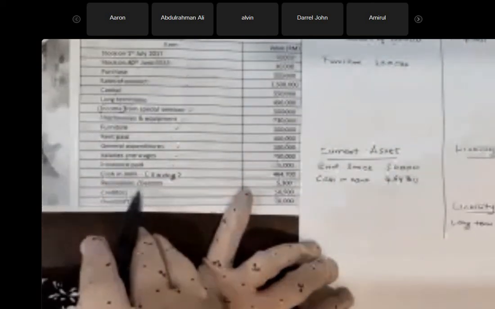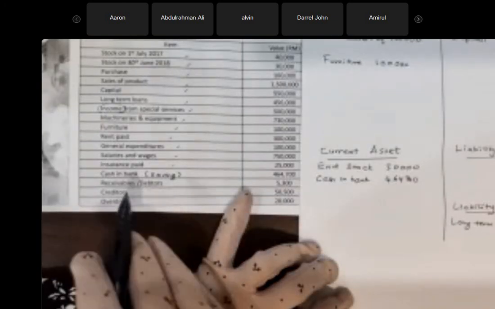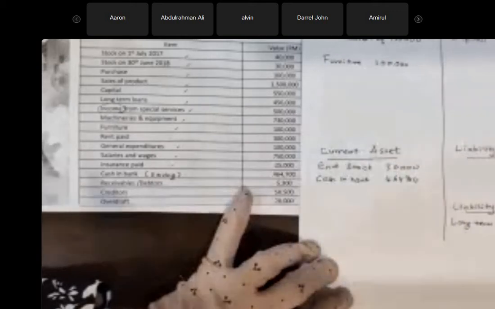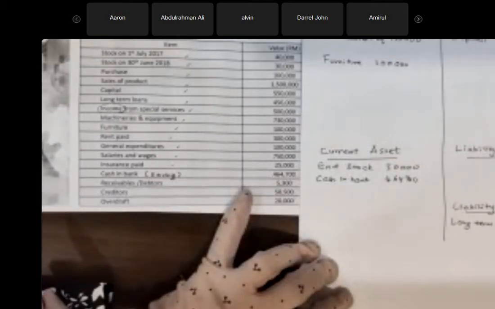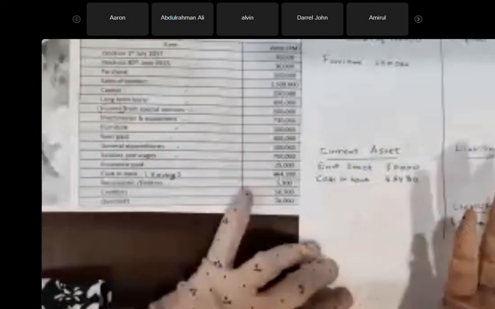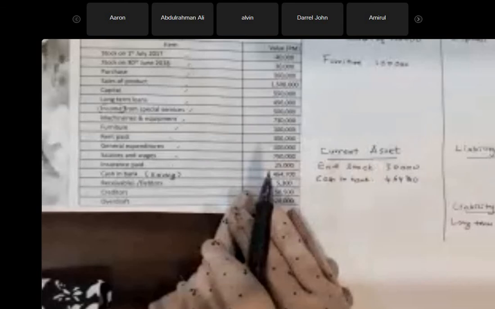Penghutang, orang yang berhutang dengan kita. Is it asset or liability? Liability is a burden. Pak Is said liability. Receivable, debtors. We have two, one is creditors, one is debtors.